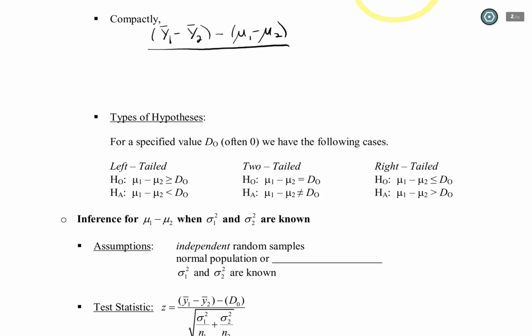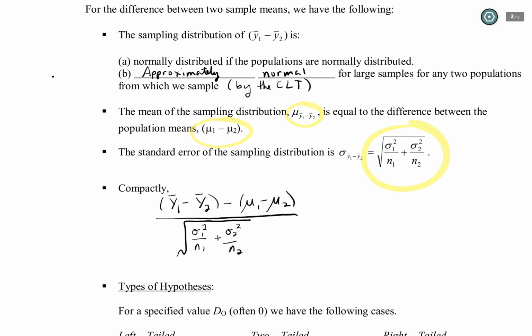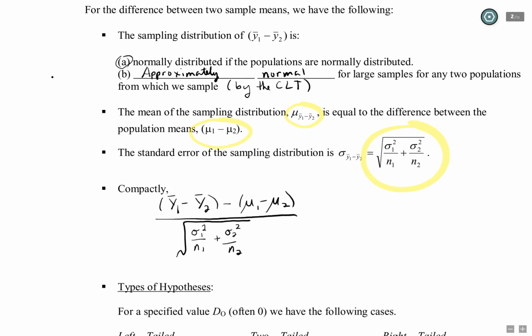So you remember, to standardize something, you take that something, you subtract off its mean, and then you divide by its standard deviation. So I'm going to divide this by the square root of sigma 1 squared over n1 plus sigma 2 squared over n2. Okay, now this is a standardized normal variable if we are under setting A, and it's a standardized approximate normal variable if we're under setting B.